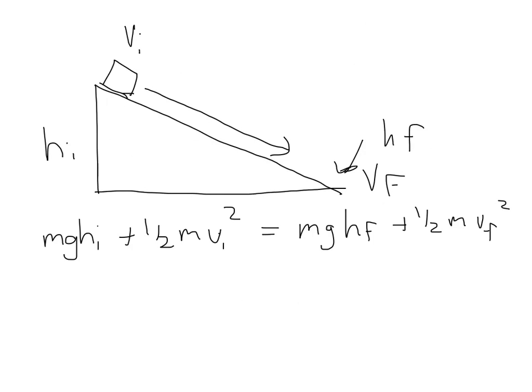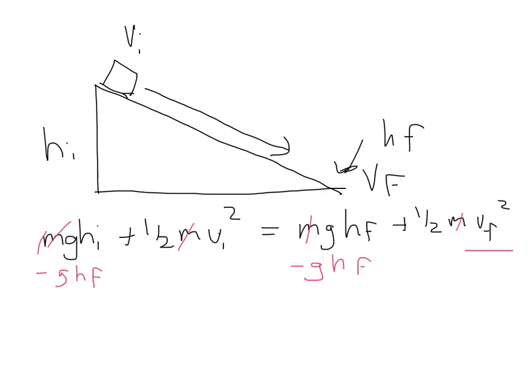Probably one of the first things you'll notice is that the masses all cancel out. So mass goes away completely. And what I'm typically interested in finding is my final velocity, so it makes sense to solve this equation for final velocity. I'll subtract g times the final height from both sides, then divide by 1/2 and take the square root.